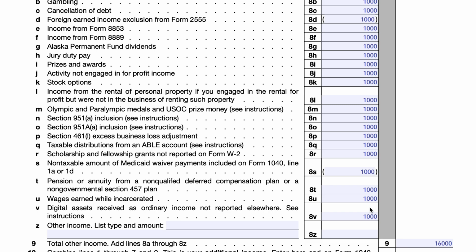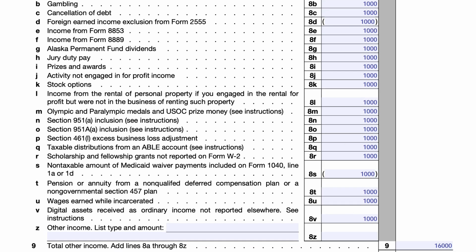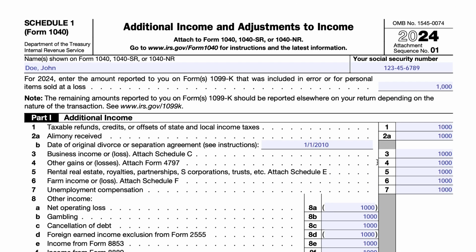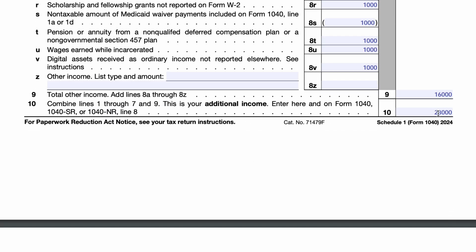And now we're gonna first total all the items in this column right here for line 8, lines 8A through 8Z. We put that in line 9, so $16,000, and then we're gonna add that to the rest of the items here, but not this item here, and we get $23,000. This is additional income.